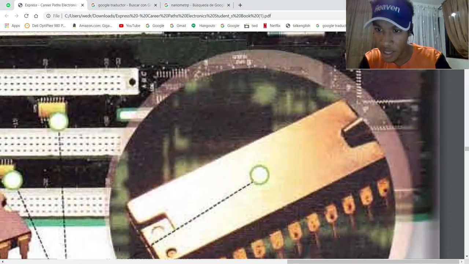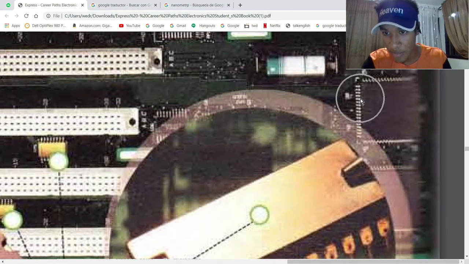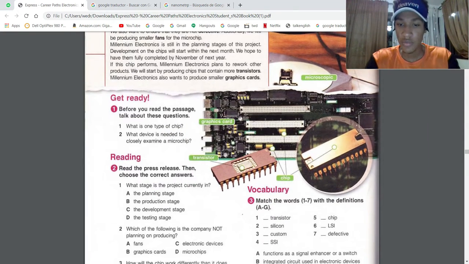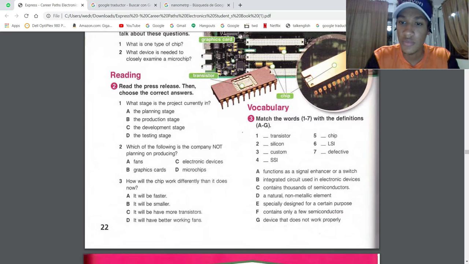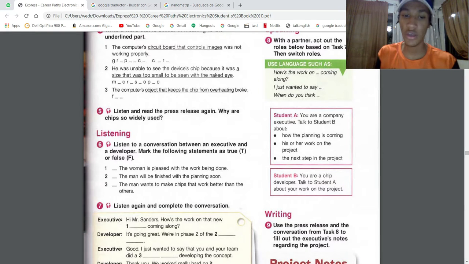You can see that I think this is a microchip. So with the microchip you can do everything in a computer. When you put more transistors, you can go faster, faster.